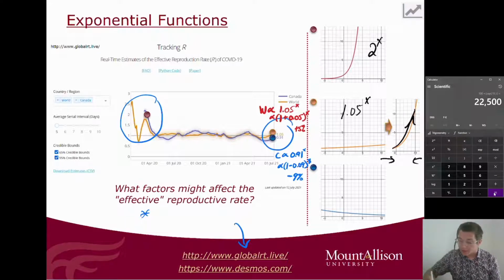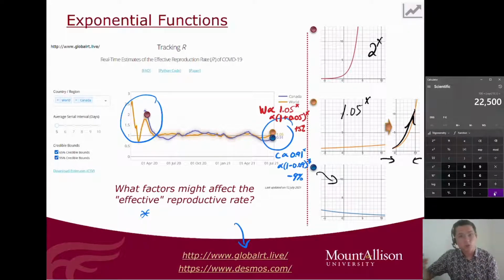What's different now is for this Canadian context at the 1st of July in 2021, when our reproductive rate was 0.91, we were losing 9% of the infected population. The 9% were clearing. When I compare from one generation to the next generation, it is 9% lower than that first generation in terms of the number of people infected.